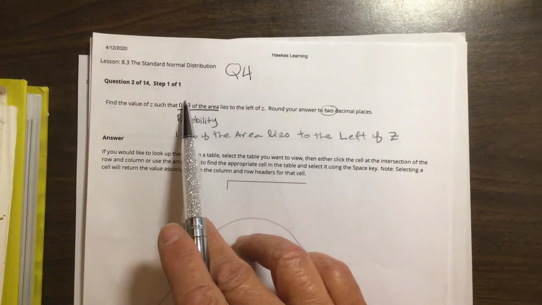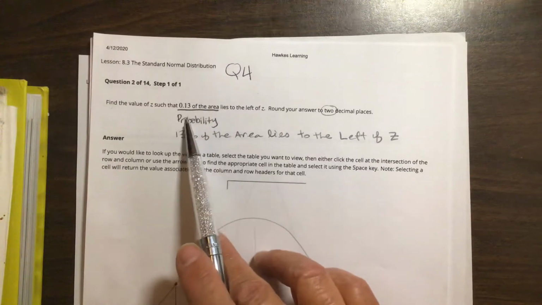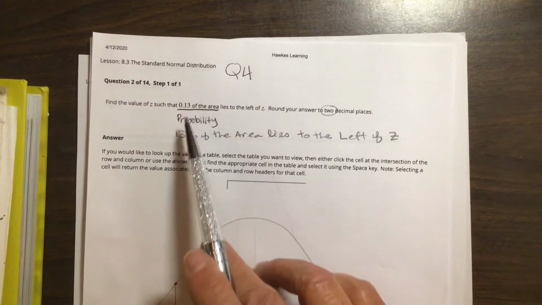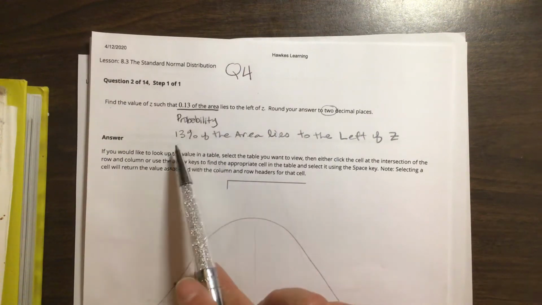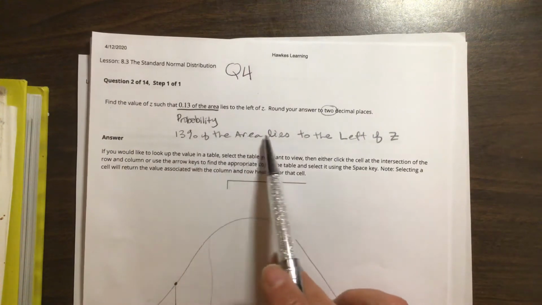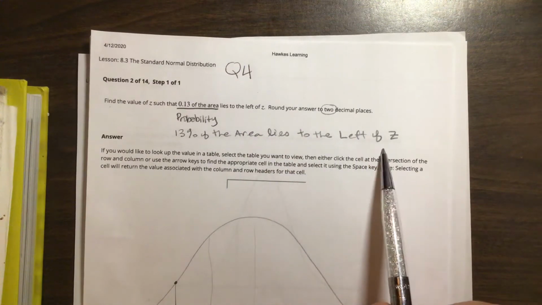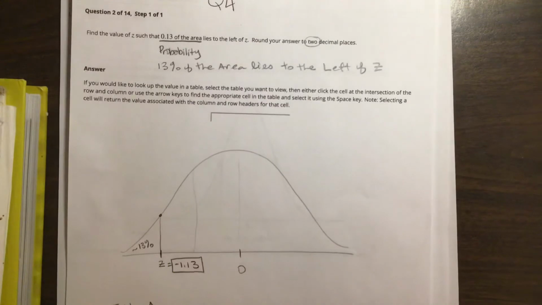So this right here is our probability, meaning we could change this decimal into a percent, and what this means is 13% of the area lies to the left of your z value, and we're needing to find out what our z value is.